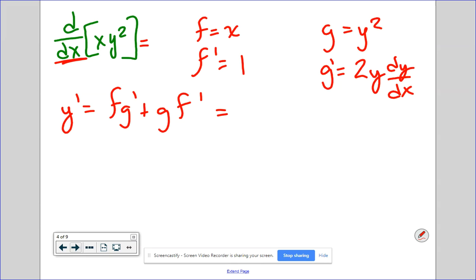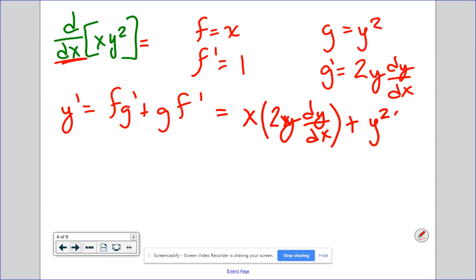So f is x. G prime is 2y dy dx plus g, y squared, times f prime, 1. So x times 2y dy dx becomes 2xy, and I just always put them alphabetically with variables.